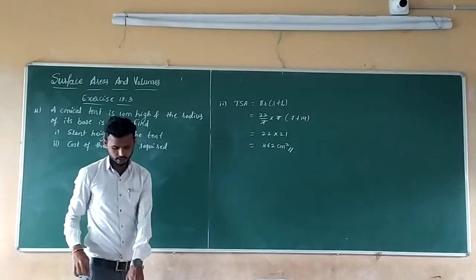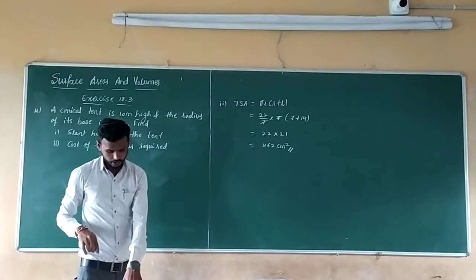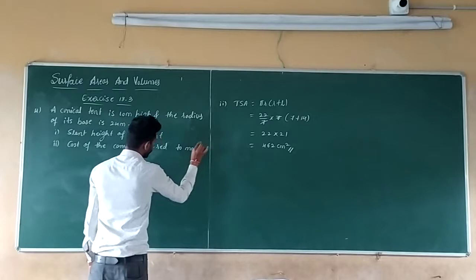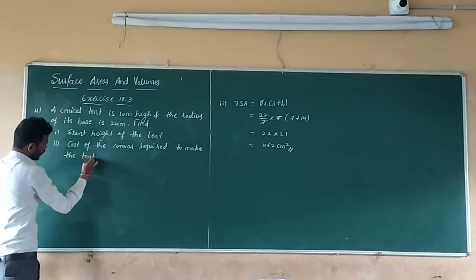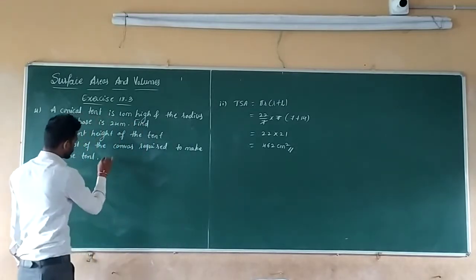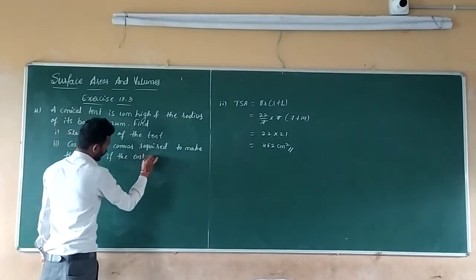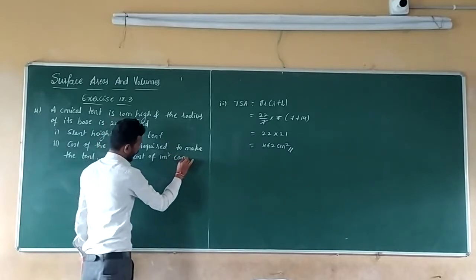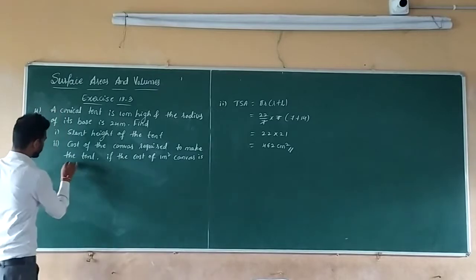Canvas means cloth to cover that conical tent, required to make the tent, if the cost of 1 meter square canvas is rupees 70.